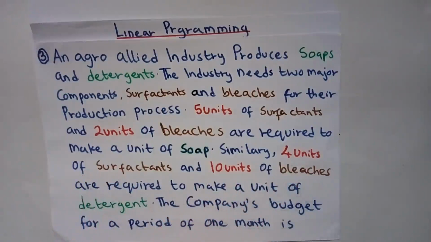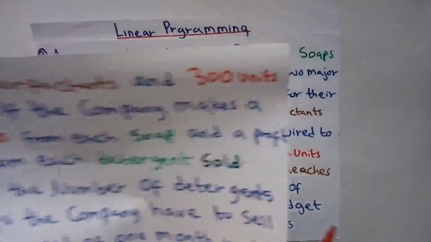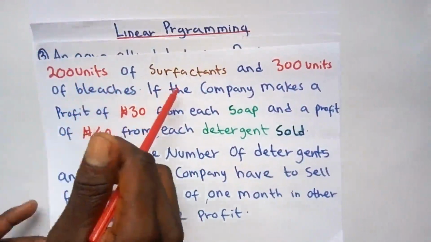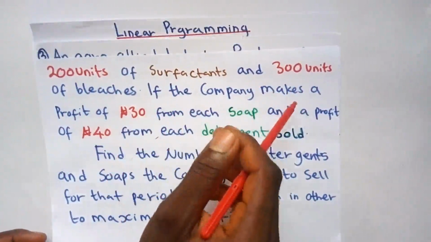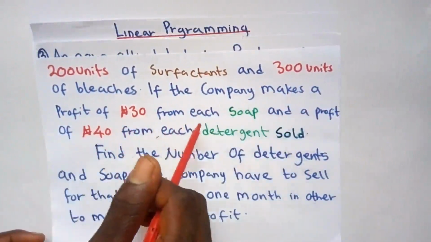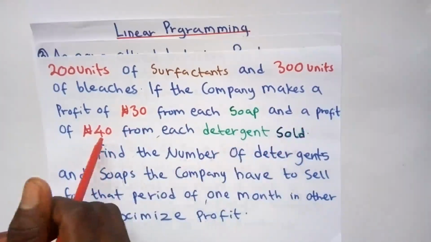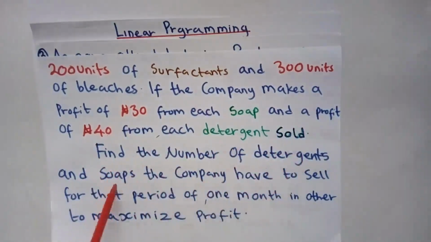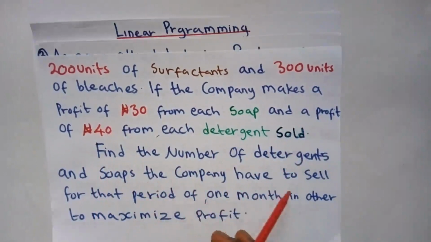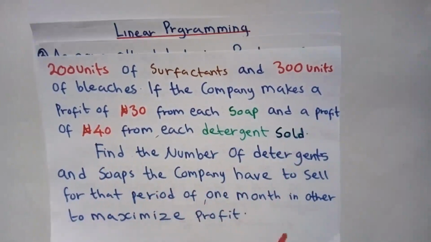The company's budget for a period of 4 months is 200 units of surfactants and 300 units of bleaches. If the company makes a profit of 30 naira from each soap and a profit of 40 naira from each detergent sold, find the number of detergents and soaps the company have to sell for that period of 4 months in order to maximize profit.